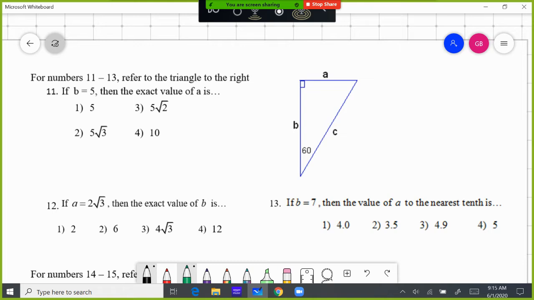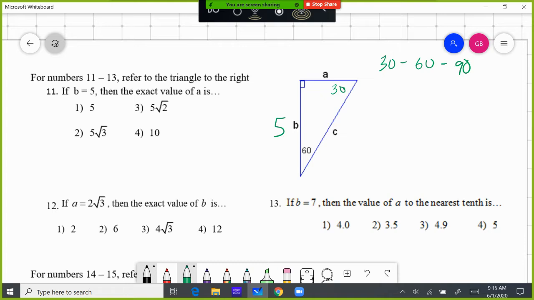For 11 to 13, refer to the triangle to the right. If B is 5, then the exact value of A is, well, looking at this triangle, I see that it's a special right triangle. It's a 30, 60, 90 triangle, and the lengths of the sides have a relationship.